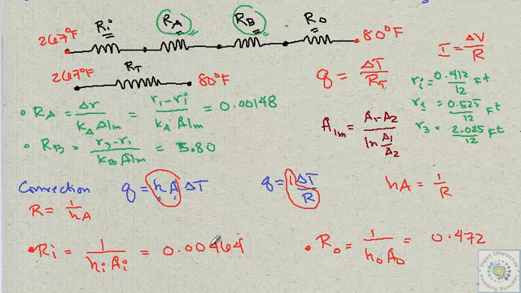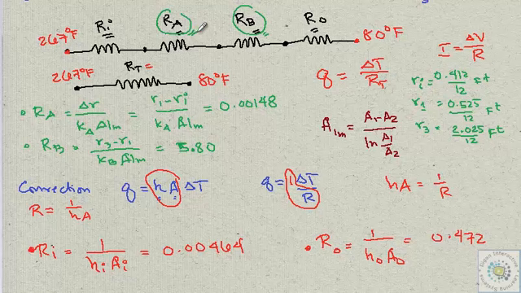We already have calculated Ri, Ra, Rb, and Ro. To compute Q, we simply use Q equals delta T over Rt. So what is R total? We simply add everything, because for resistances in series, the total resistance is the sum of the individual resistances.